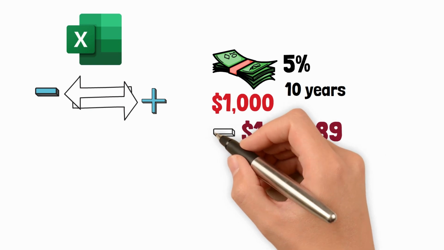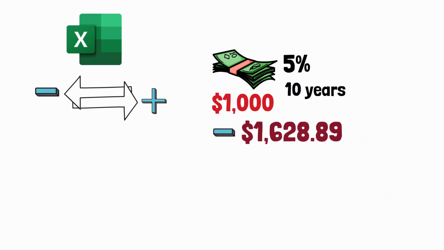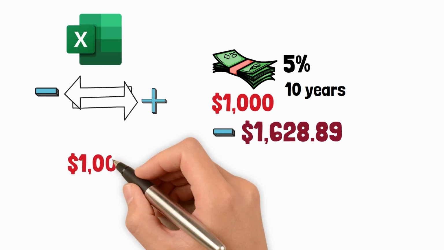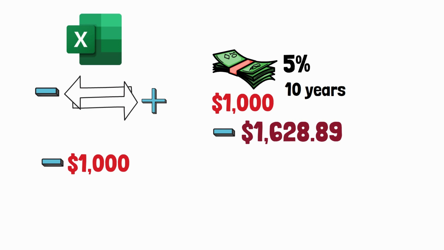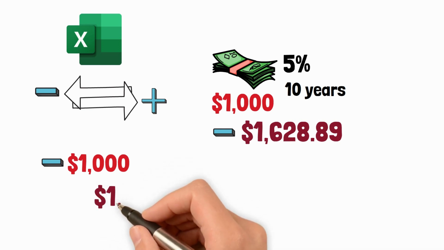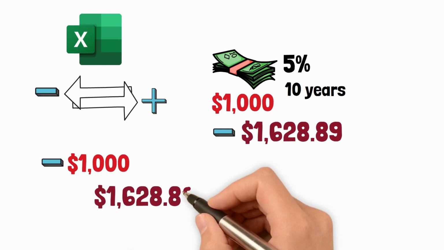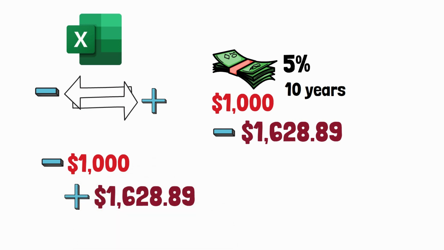However, Excel will give you the answer as negative $1,628.89. Since the amount going into the account was positive, the amount coming back out is negative. If you used negative $1,000 as the present value, the future value of $1,628.89 will be positive. It doesn't matter which direction is negative and which direction is positive, as long as you're consistent about it.